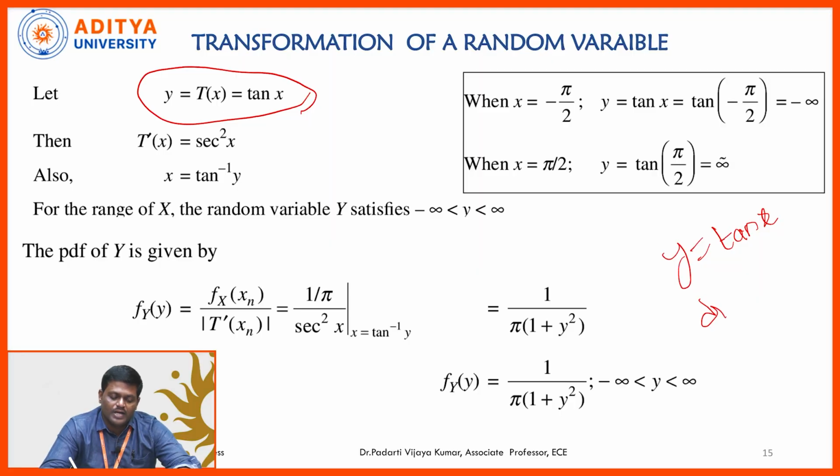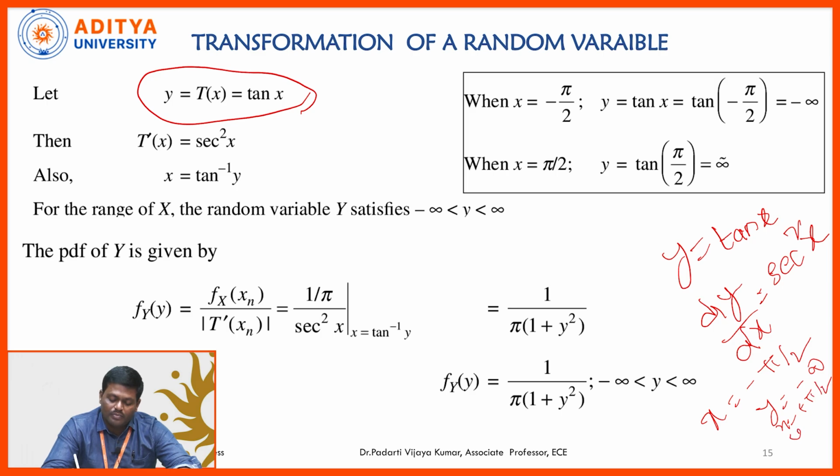So, now dy by dx is equal to secant square x. When x is equal to minus pi by 2, y will be minus infinity. When x is equal to plus pi by 2, y will be infinity.